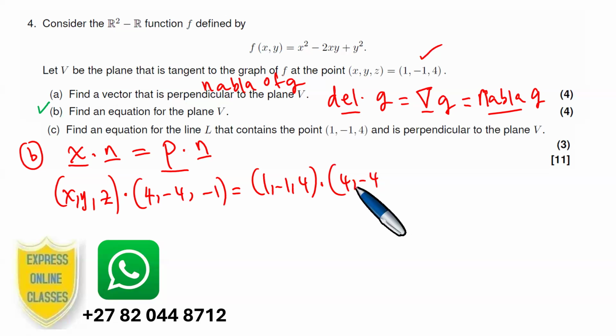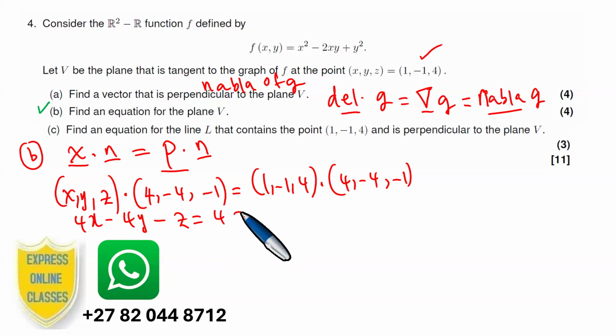Dot 4, minus 4, minus 1. 4x minus 4y, which is 4 plus 4 minus 4, minus z. 4 minus 4 is 0, and then you are left with only what? We're left with only 4. And this is the equation for the plane.